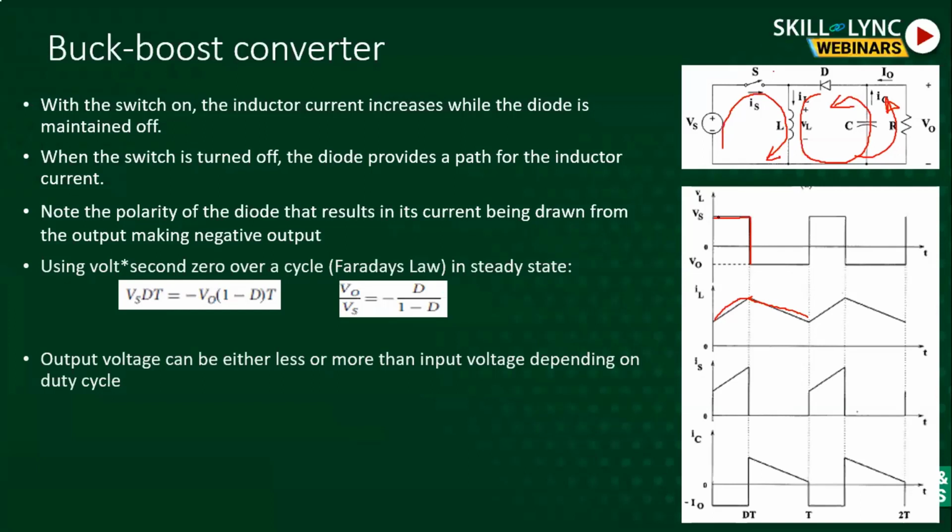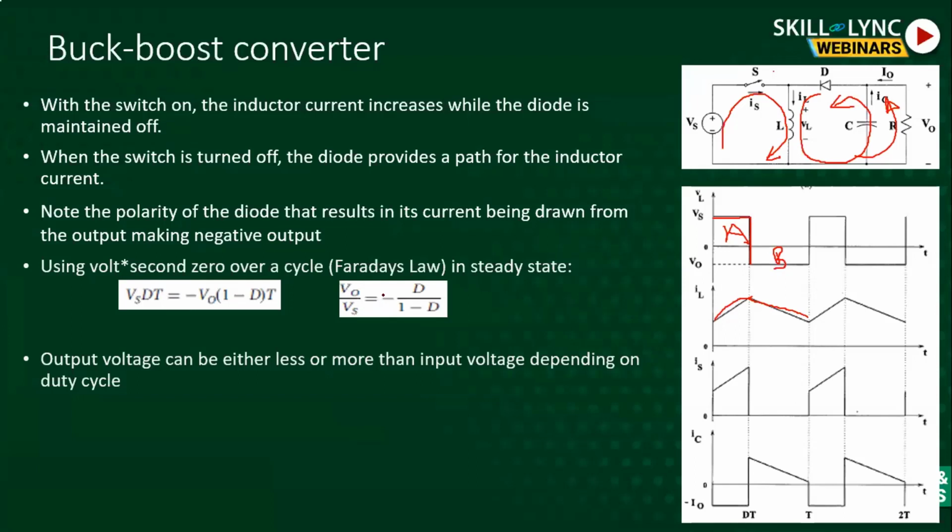If you can draw this graph properly, you can derive the equation relating Vs and Vout. This is area A and this is area B. Both areas should be equal in steady state operation. So the equation will be like that, and V0 versus Vs is like this.